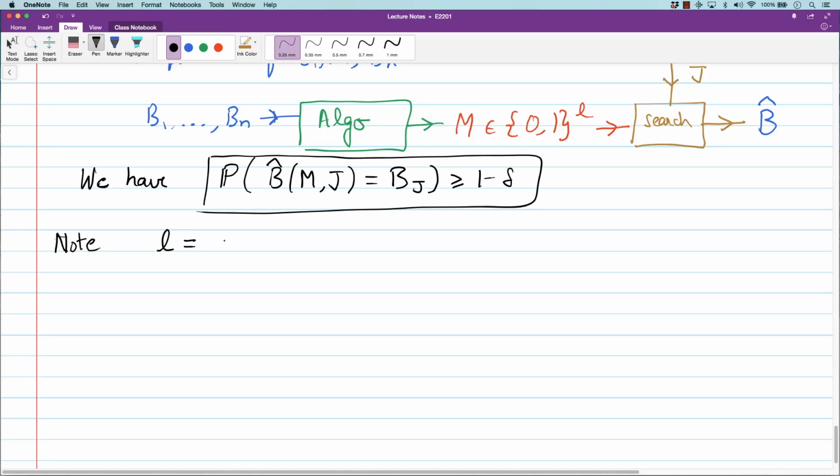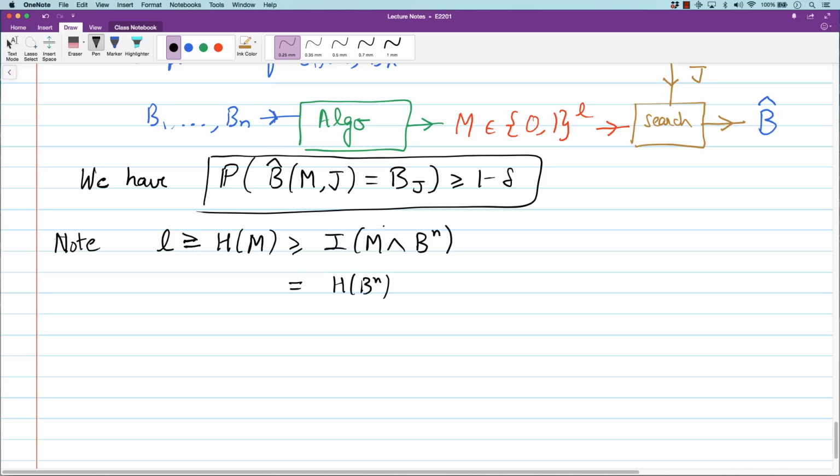This L, remember, is more than H of m, because m takes values in 0, 1 to the L, the entropy of m. But the entropy of m must exceed the mutual information between m and all the bits that you have stored, b^n. So now this can be written as H of b^n minus H of b^n given m.